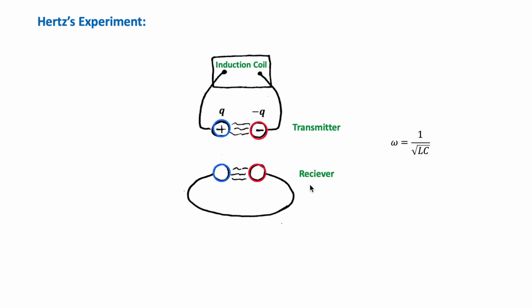So this loop is placed several meters from the transmitter, and it has its own natural frequency depending on its effective inductance and capacitance. So Hertz found that sparks were induced in the gap of the receiving electrodes when the receiver's natural frequency matches that of the transmitter. Okay.